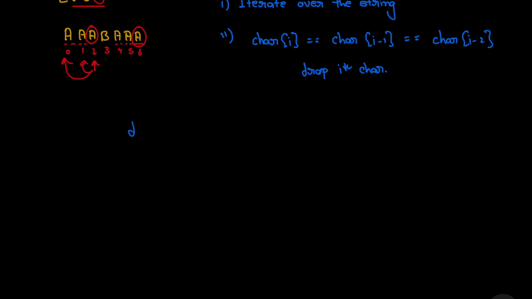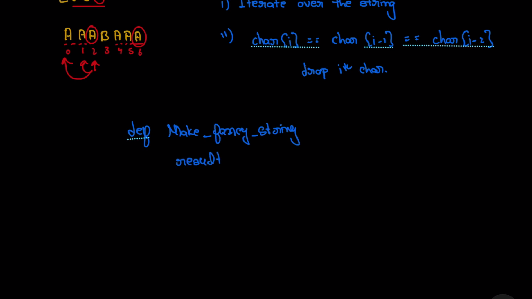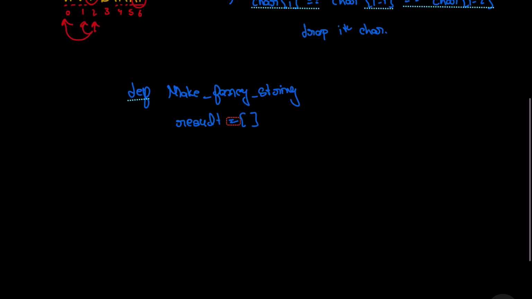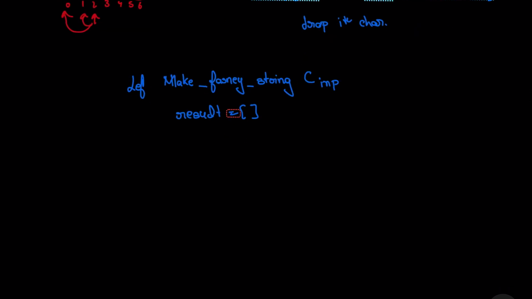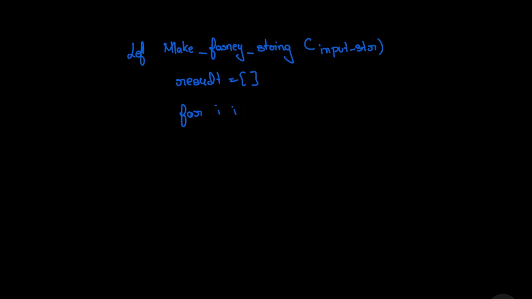So let's quickly write the code over here. Let me say the method name is make fancy string for now. I have a result array or a list, whatever you might want to call it. Then we will iterate over the string that was provided, let me say this is input str. For i in range 0 to length of input str, we need to check something.